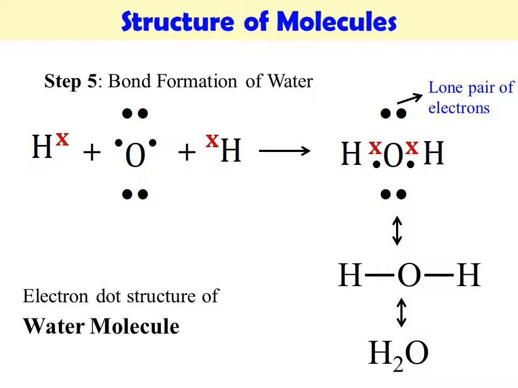I mentioned that it is not molecule specific, it is atom specific. So for the central, bigger atom, based on how many valence electrons it has and how many participate in bond formation, the number of lone pairs is decided. So the water molecule has two lone pairs of electrons.